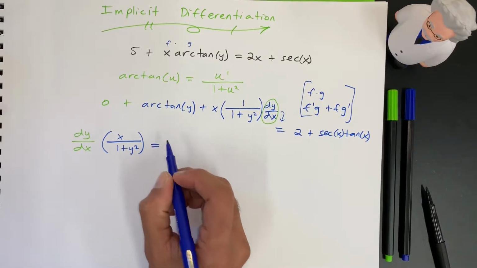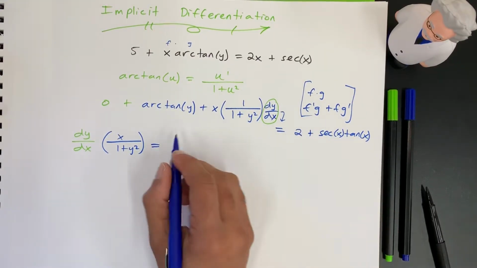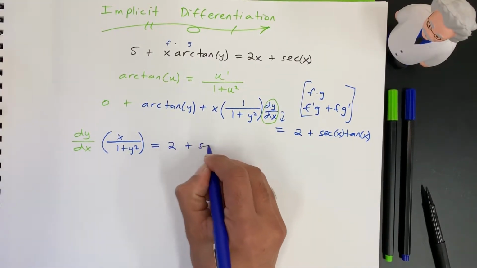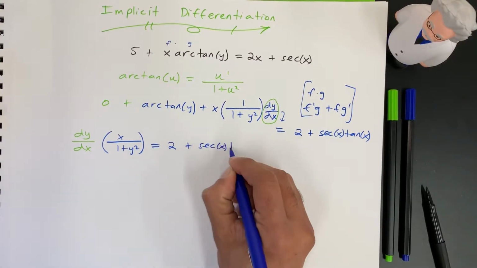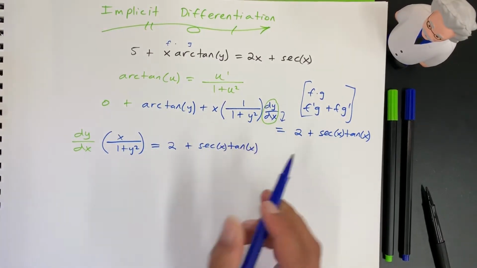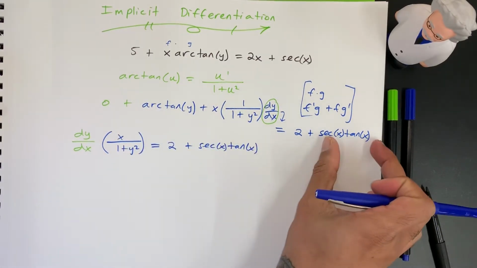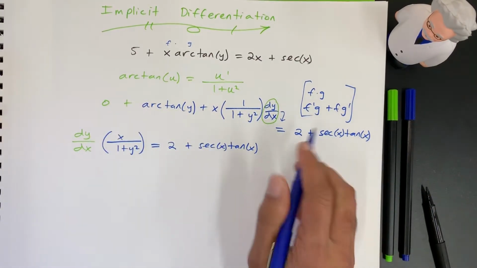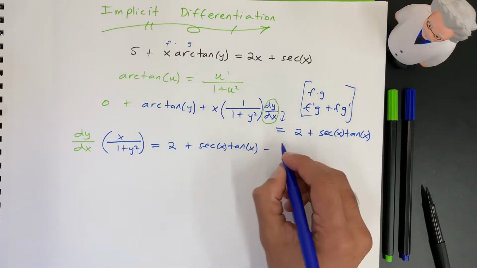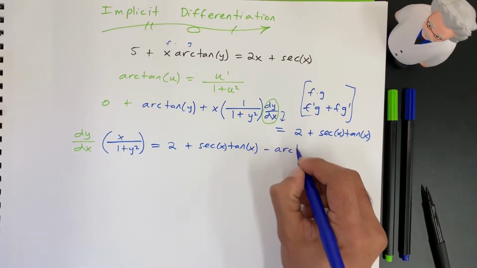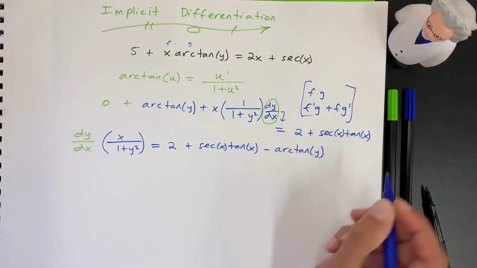Okay, so I'm going to write equals, and I'll write these two first. So I'll write 2 plus secant x tangent of x, and now I want this also on the other side of the equation. So I'm going to write, it's a positive here, it's going to be a minus on the other side. So minus arctangent of y.